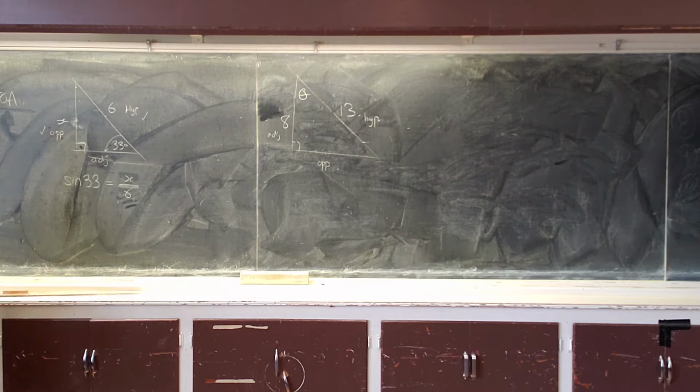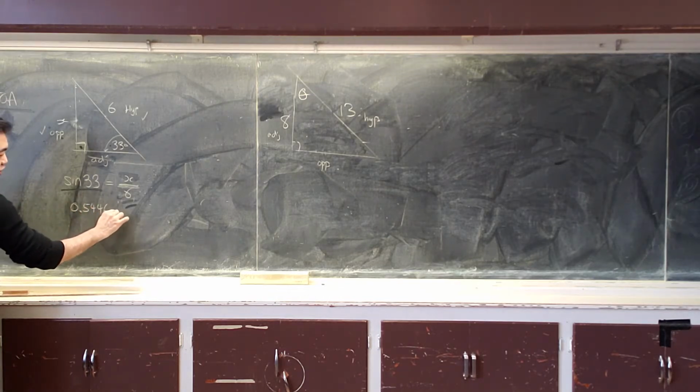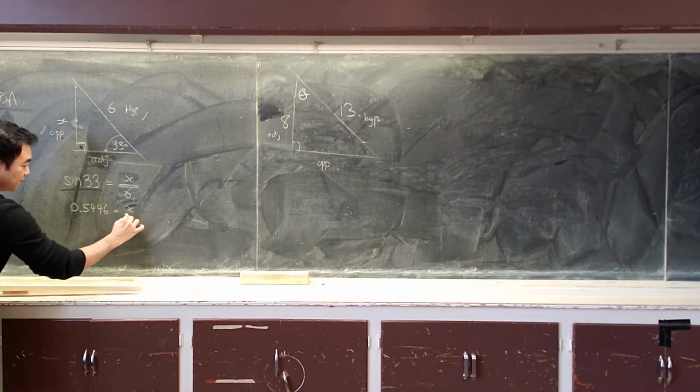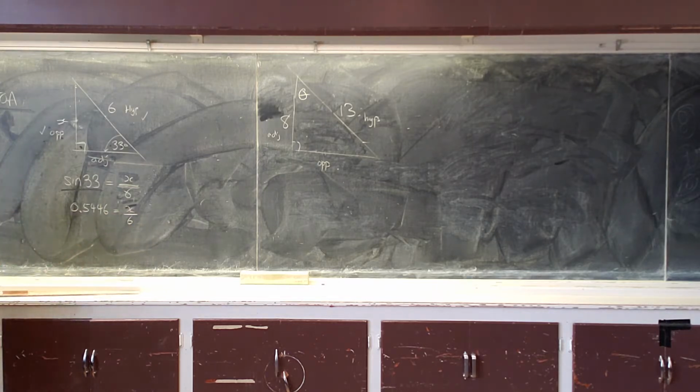Don't we have to solve it? Yes, of course. So sine 33 will give you a fixed ratio. I don't quite know what that is off the top of my head, so someone's going to have to calculate that for me. 0.5446. There's a good reason why I ask you to have more than just 2 decimal places. Try to have as many as you can until the very end. How do I get x all alone?